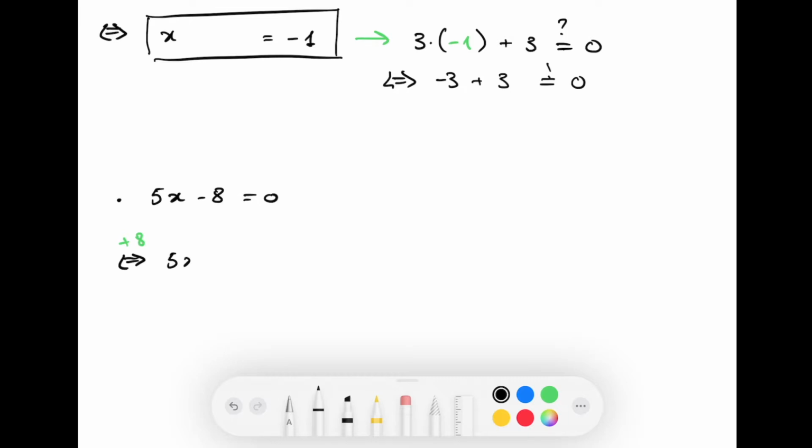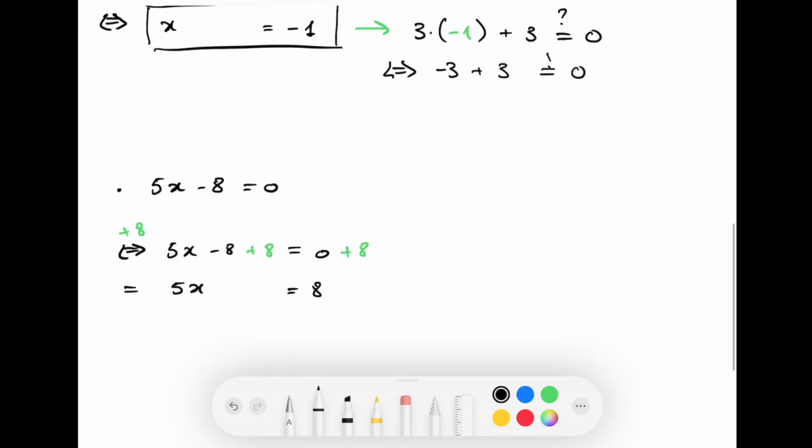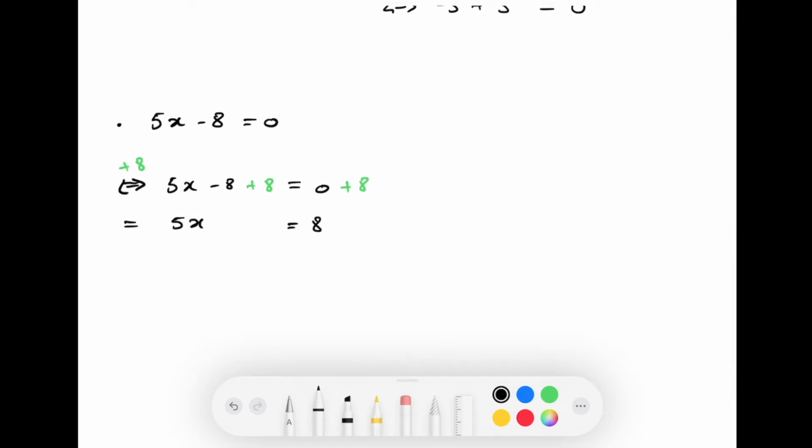We just get 5x minus 8 plus 8 is equal to 0 plus 8. Rewriting this, 5x minus 8 plus 8 is 5x, and on the right-hand side, we get 8. Now again, we face a problem that this 5 in front of x, which is basically just saying 5 times x, we want to get rid of it.